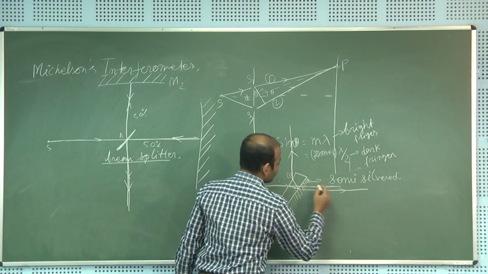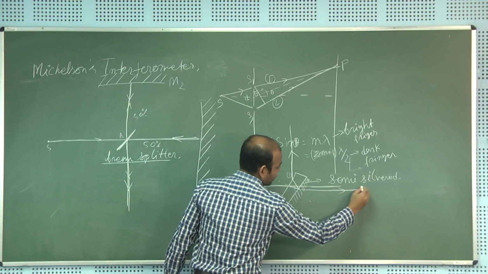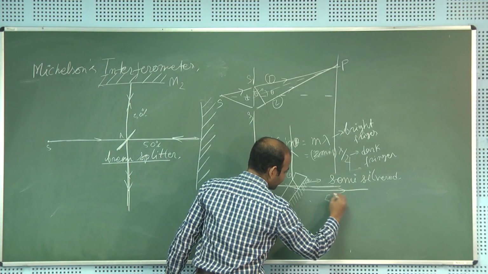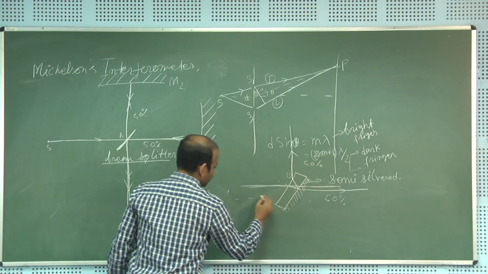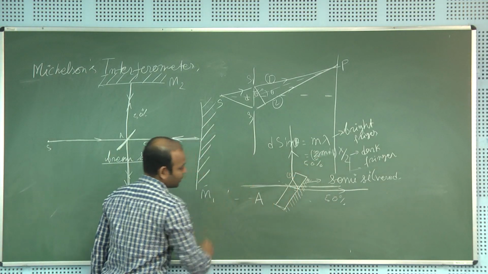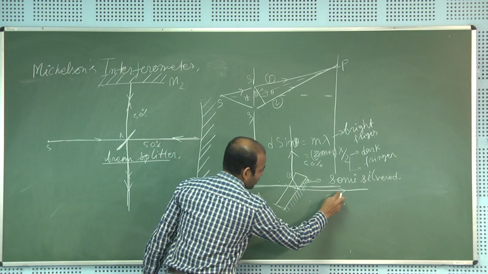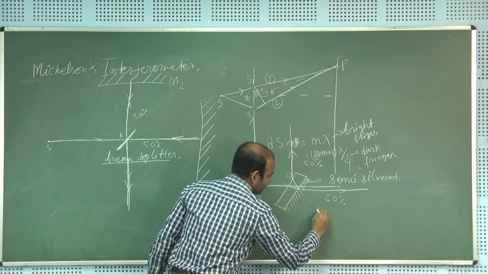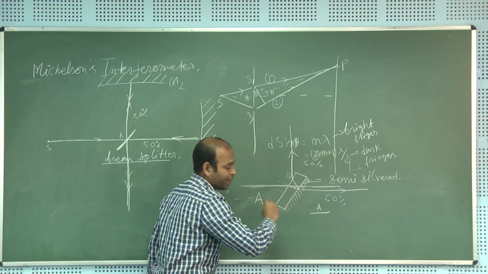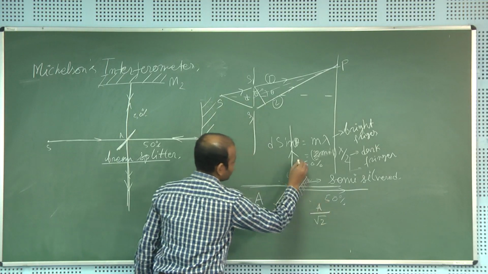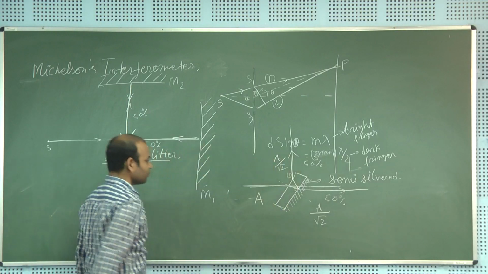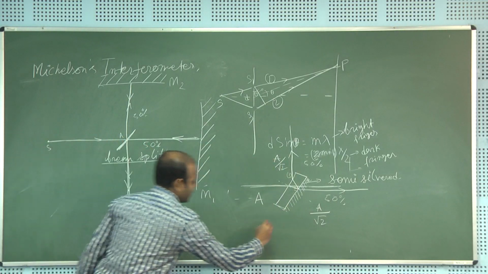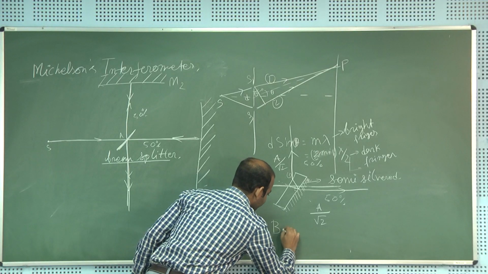So, there will be two paths, let us say 50%, 50%. For example, if I start with an amplitude of light A, this beam will have an amplitude of A by root 2, and this will also have an amplitude of A by root 2. So, this is one kind of beam splitter.